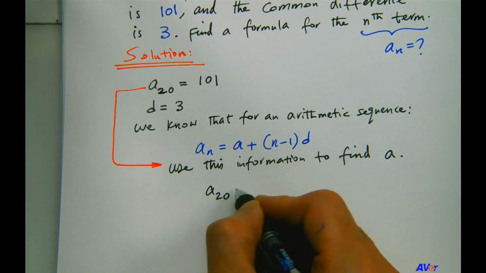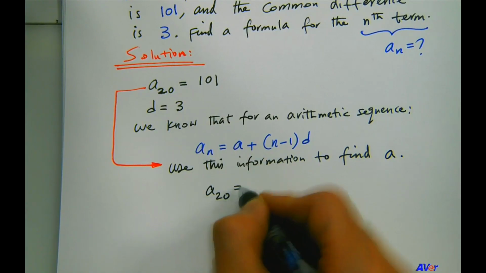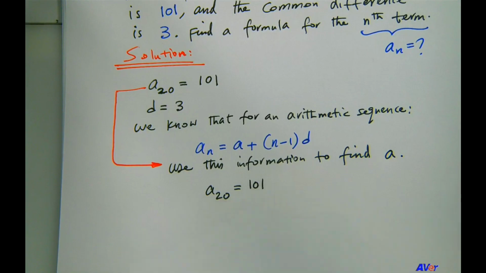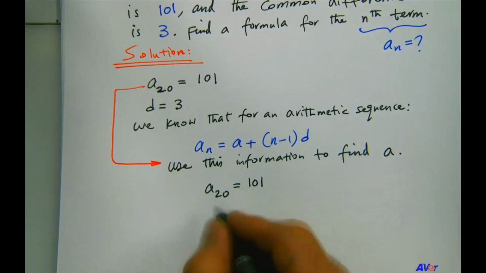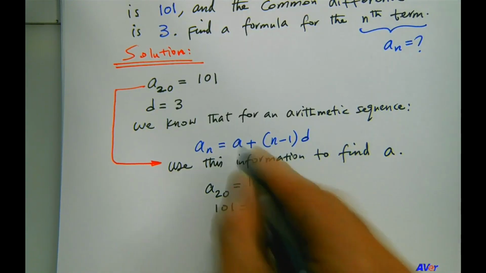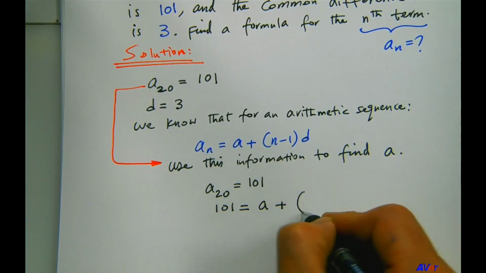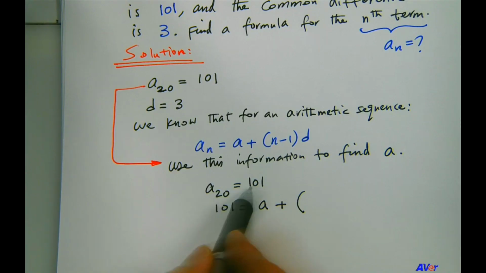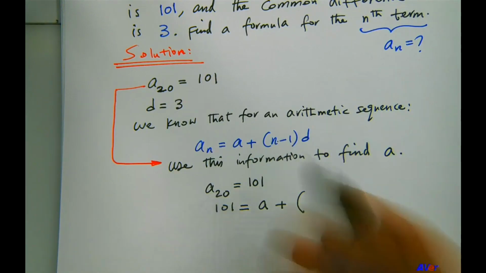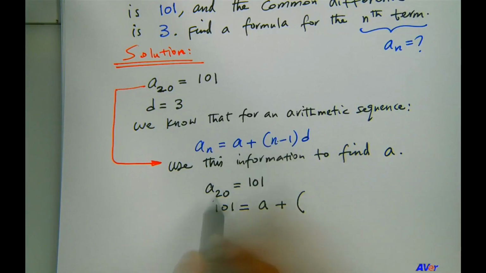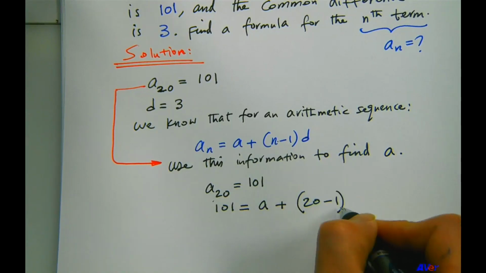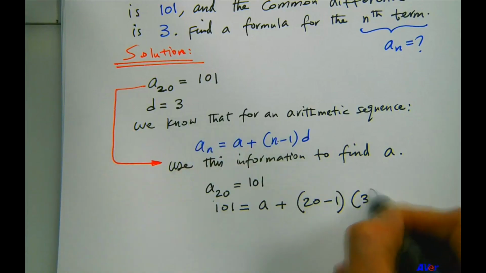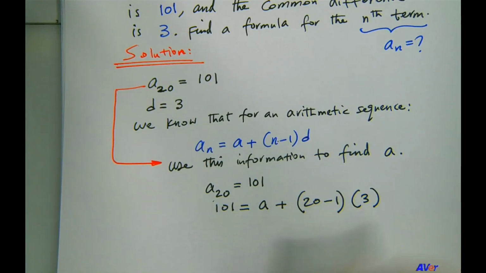Okay, and here's how we're going to do it. So we know that A20 is equal to 101. So then 101 equals A plus, this is the 20th digit in the sequence, right? So n for that digit is 20. So 20 minus 1, and d is 3. So in this equation, we only have one missing piece, which is the first digit in the sequence, A. So we can solve for it.